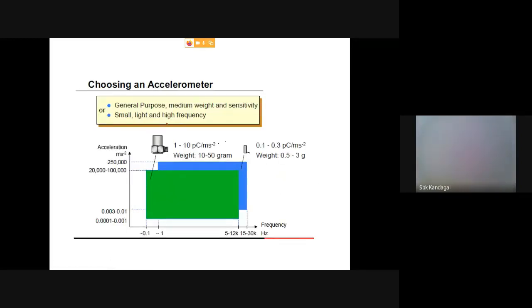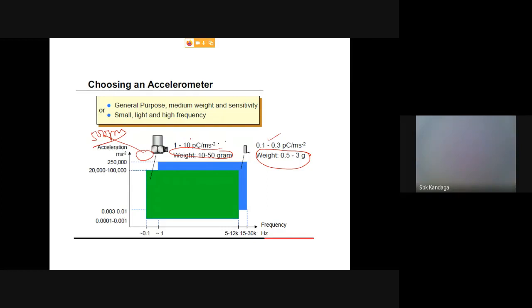I was telling you about the selection of accelerometers. Observe here the weight is 0.5 to 0.3 grams. Here the weight is 10 to 50 grams, and still higher ones, as I told you, up to 500 grams. Here the sensitivity is 0.1 to 0.3 picocoulomb per meter per second.